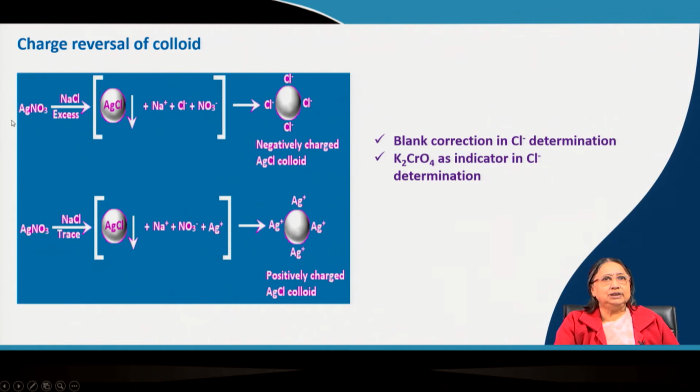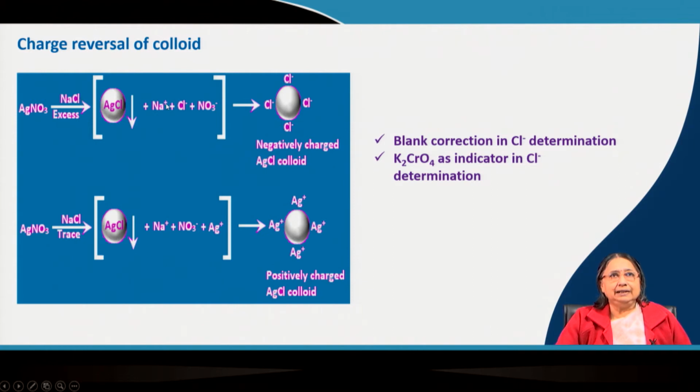Silver nitrate solution you take, it is very common. In a test tube you take silver nitrate solution and you add excess NaCl to it. When you add excess NaCl, some part of silver plus will form silver chloride as the precipitate, the curdy white precipitate, you all know, and then because you have added excess sodium chloride, chloride ion will be in excess.